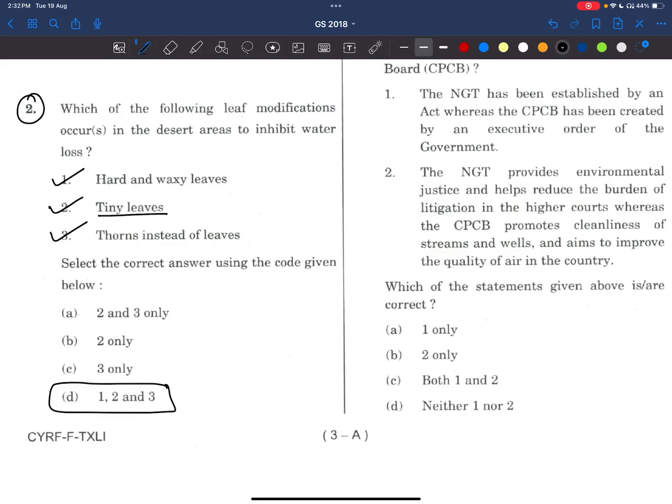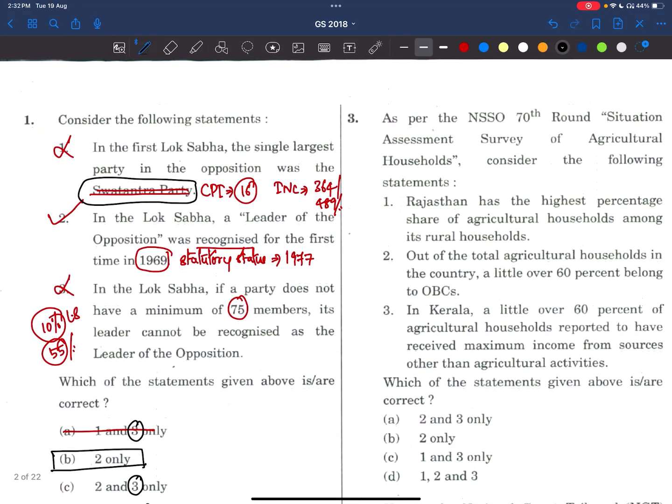So let's go to the third question. As per NSSO 70th round situation assessment survey of agriculture households, consider the following statements. Friends, the most recent one is NSSO 77th SAS, which was for the term 2018 to 2019.